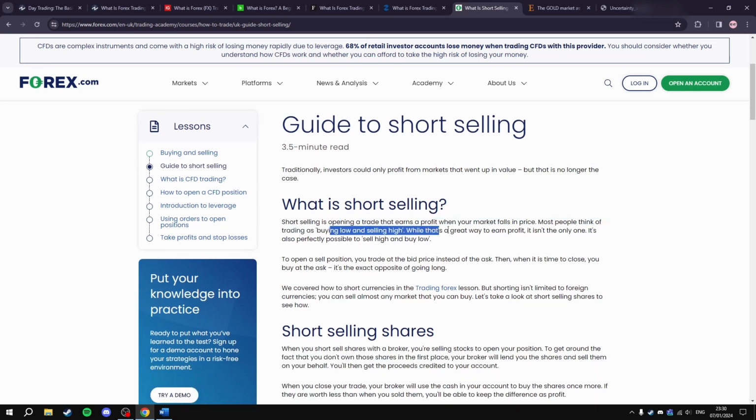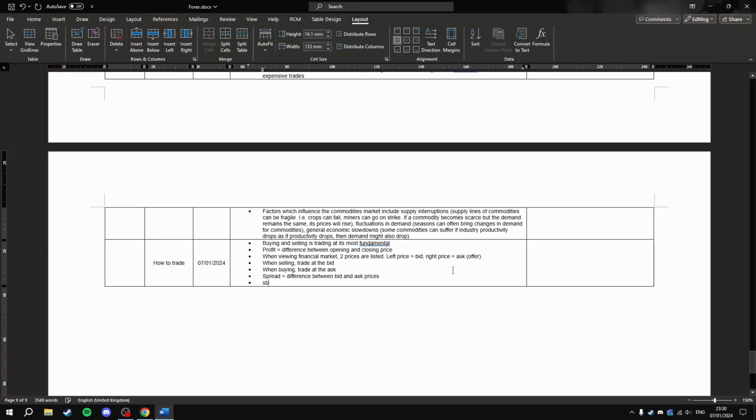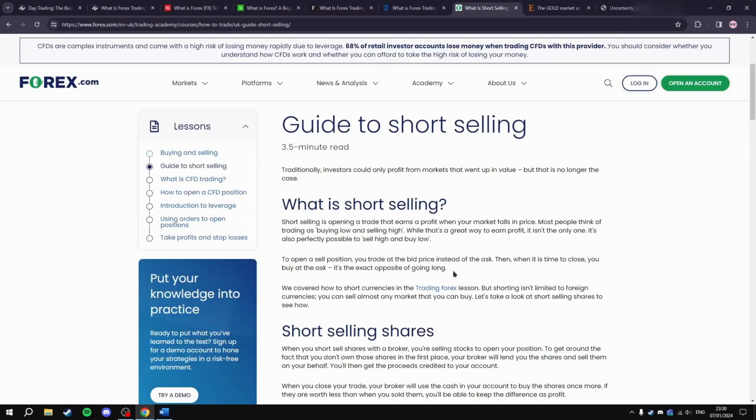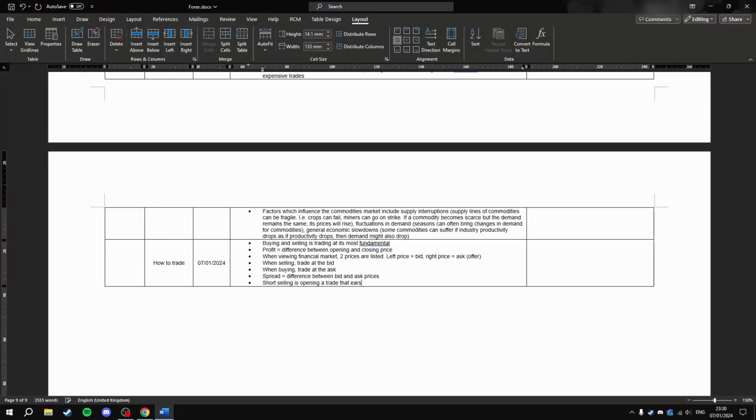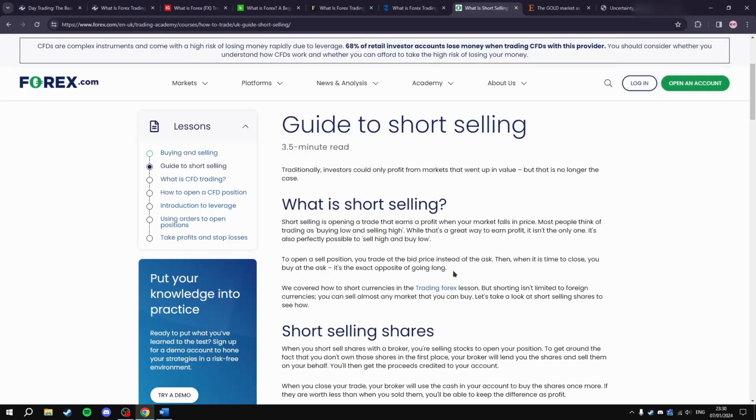Short selling is opening a trade that earns a profit when your market falls in price.